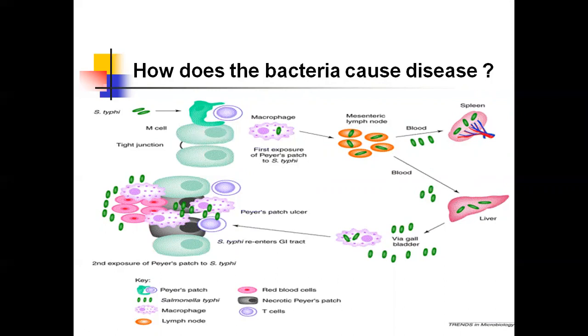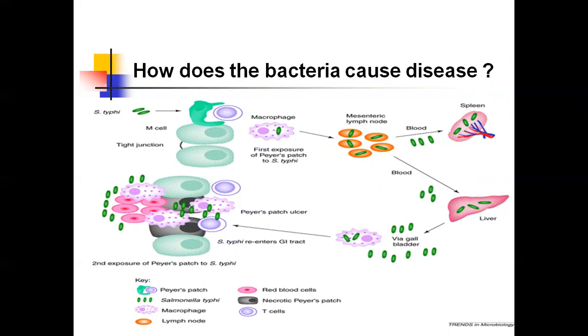Any bacteria or pathogenic substances introduced into our body are first obstructed by this Peyer's patch. Peyer's patch is composed of macrophages. Macrophage is the phagocytic cell responsible for engulfment, phagocytosis and destruction of foreign bacteria or pathogens.